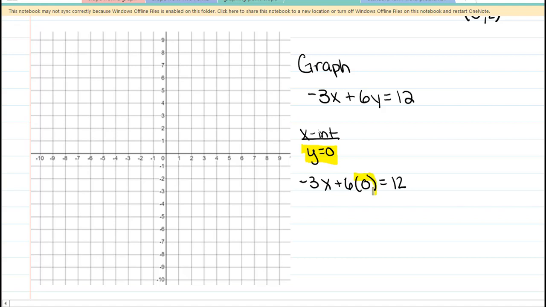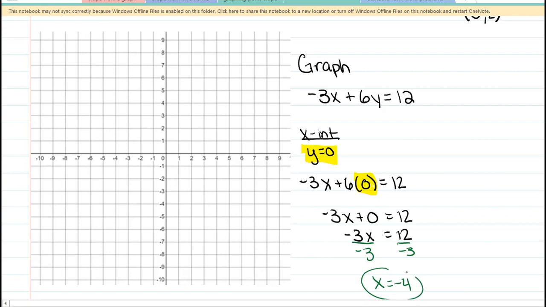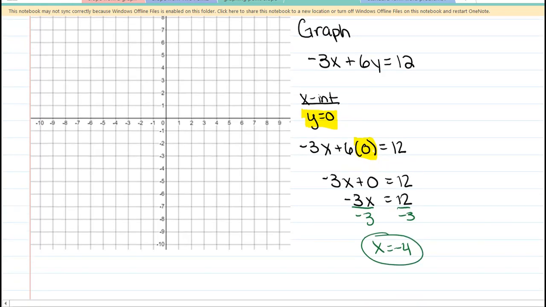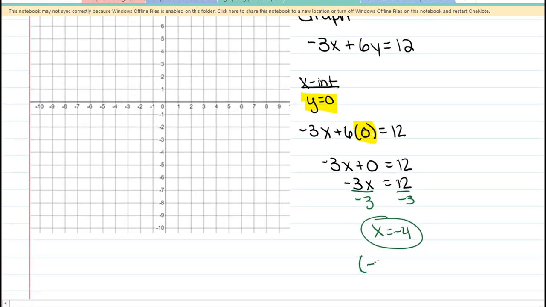I took y and substituted it right here. 6 times 0 is 0. Negative 3x plus 0 is still negative 3x. Then I can divide both sides by negative 3 to get negative 4. And so that is my x-intercept, negative 4, 0.